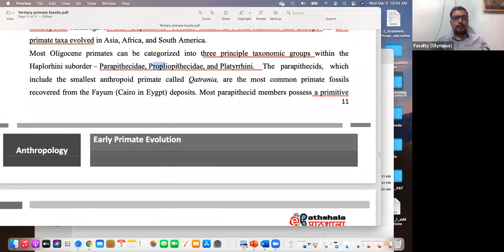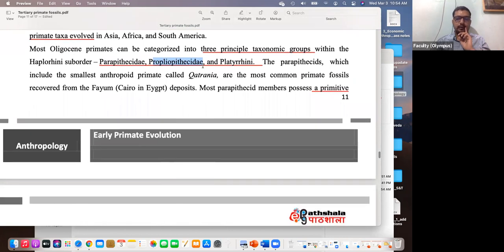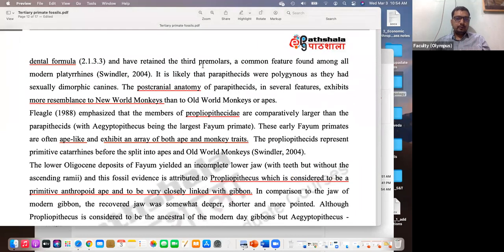Then Pliopithecidae. We also have another family called a suborder called Pliopithecidae. The Pliopithecidae members seem to be larger. They are bigger than the members of Parapithecids.